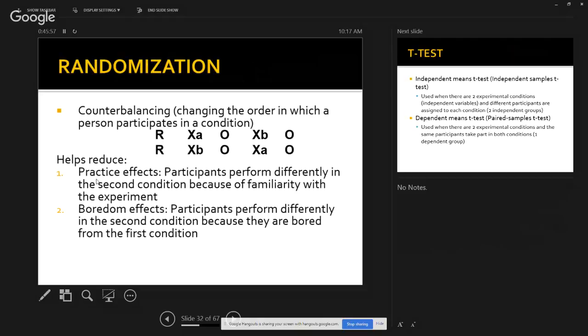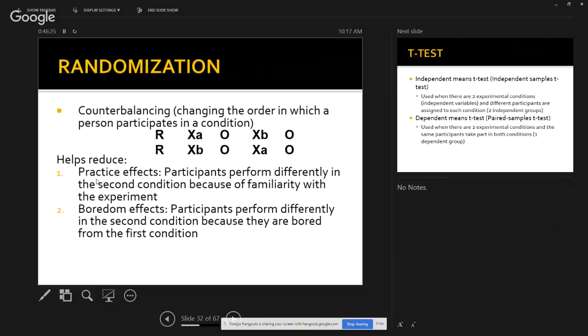Then we have randomization. Oh, sorry, another way of randomizing. It's called counterbalancing. So you guys probably read studies where, especially when they're worried about a testing effect or an order effect, in order to remove these things, they call it counterbalancing.